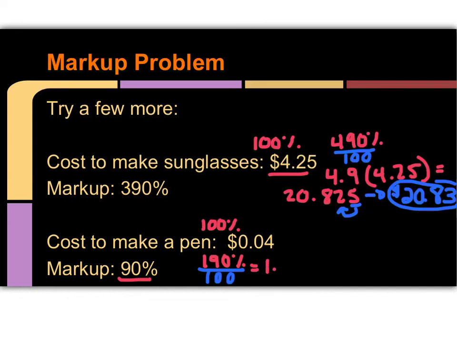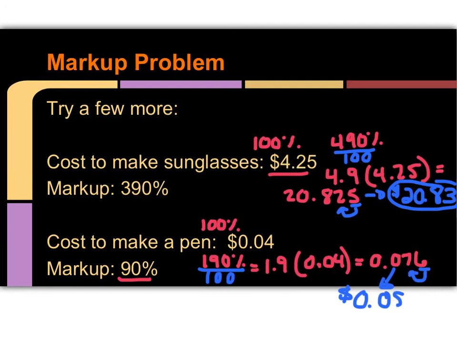That gives you 1.90, 1 9 tenths, and then multiply that by the cost to make the item, the 4 cents in this case. That gives you 0.076. But we want this in money. So what does that mean? That means that it's really going to cost us $0.08, the 6 makes the 7 go up, 8 cents for the pen.